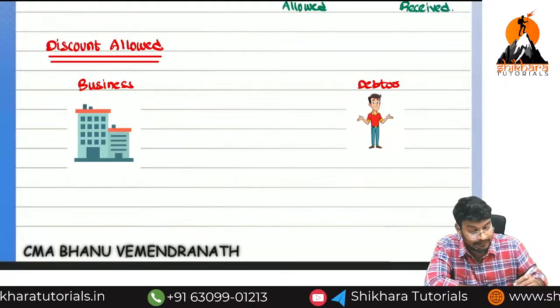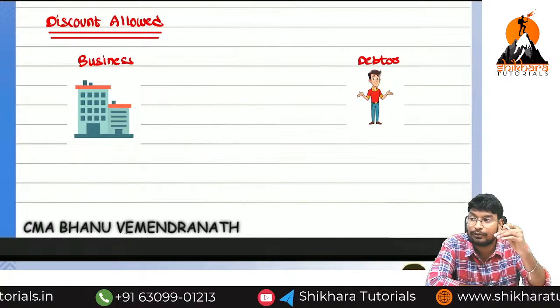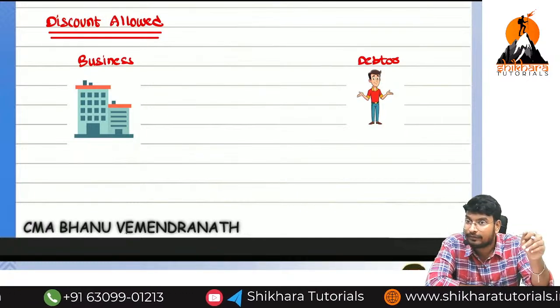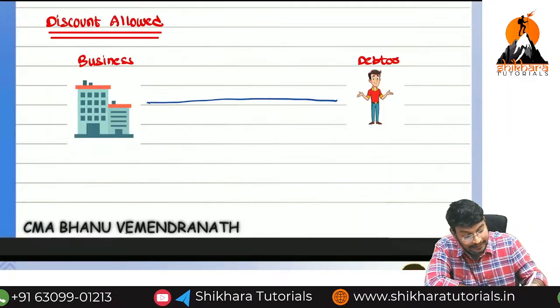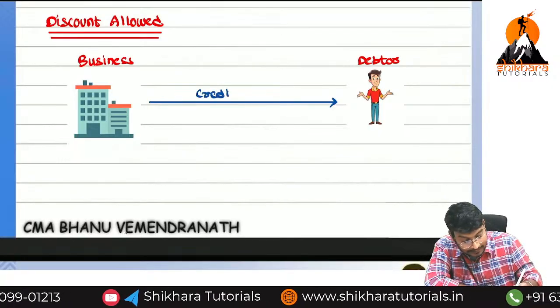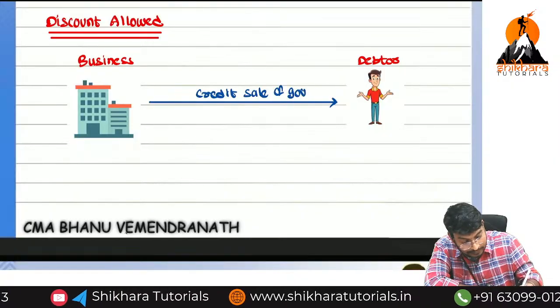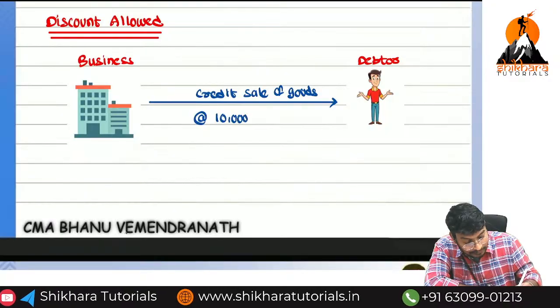Debtor. Debtor means what we need to do? We need to do credit sales. For debtor, we need to do the credit sales. So we are making the credit sale of goods at the rate of 10,000 rupees.